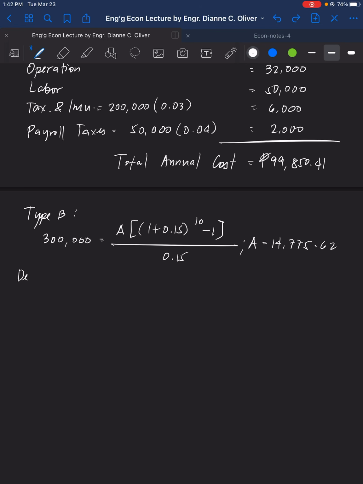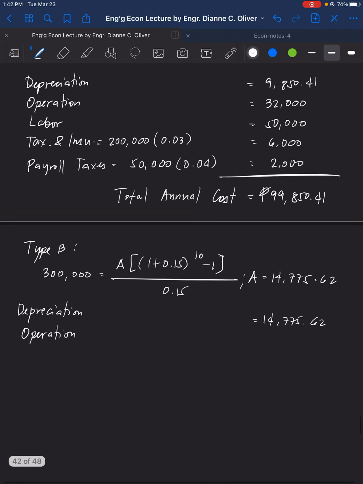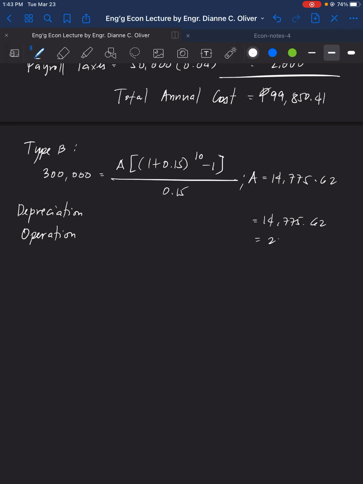So depreciation now is equal to 14,775.62. We have the operating cost here of 24,000 and then labor is 32,000.